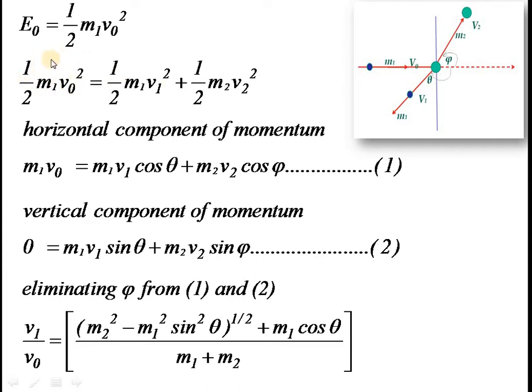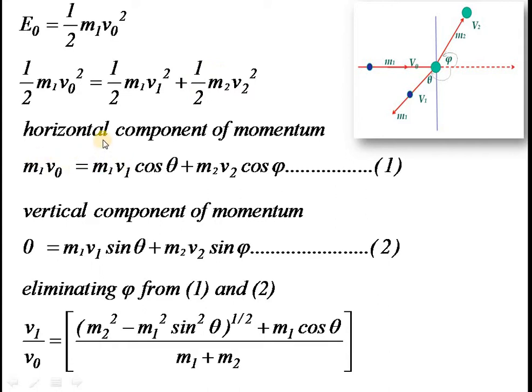This total kinetic energy should be distributed among the projectile and the target. So we have half m1 v1 square plus half m2 v2 square. This is the picture after collision. Energy got distributed among the scattered particle and the recoiled target.